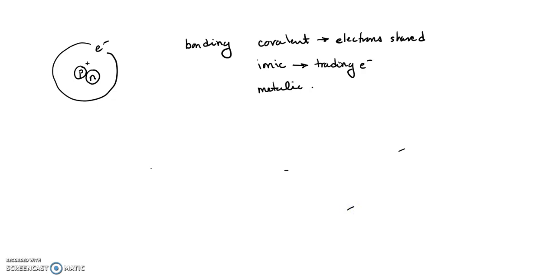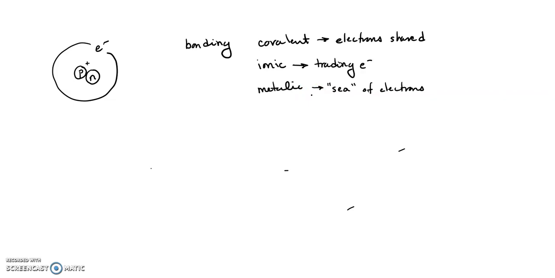Now, metallic bonding, that's where things get interesting, and this one has a sea of electrons. What this means is that when you have metals bonding, the electrons are allowed to flow.